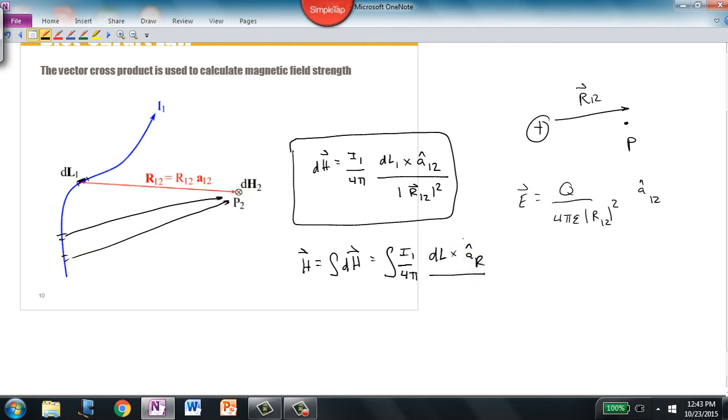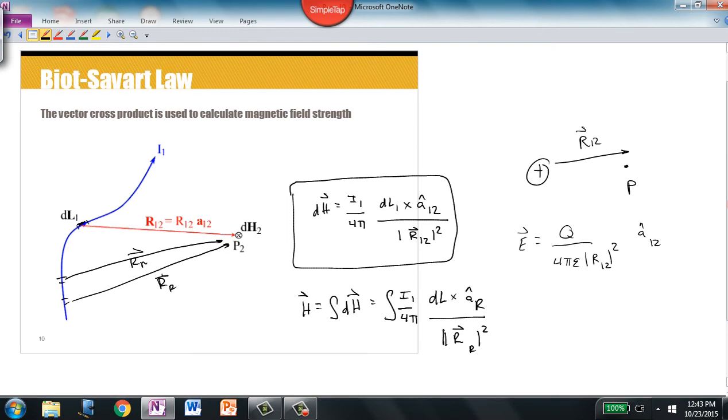And then we need to divide that by the magnitude of these vectors, which is just going to be the magnitude of r squared, right? And r is just these vectors as we go along the path of integration. So that is an overview of the Biot-Savart law and how it applies to calculating magnetic field strength due to a current flowing in a wire.